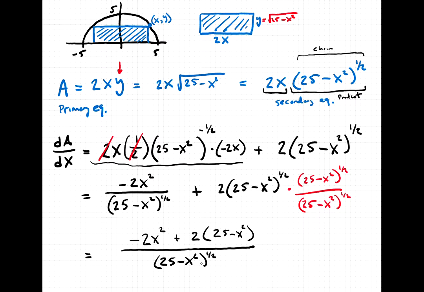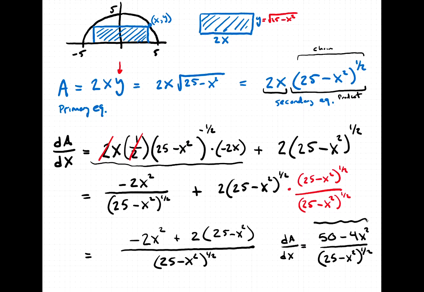And if we combine like terms, 2 times 25 is 50, and the 2 times the negative x squared is a negative 2x squared. So it looks like the derivative of A with respect to x is equal to 50 minus 4x squared divided by 25 minus x squared to the 1/2 power.